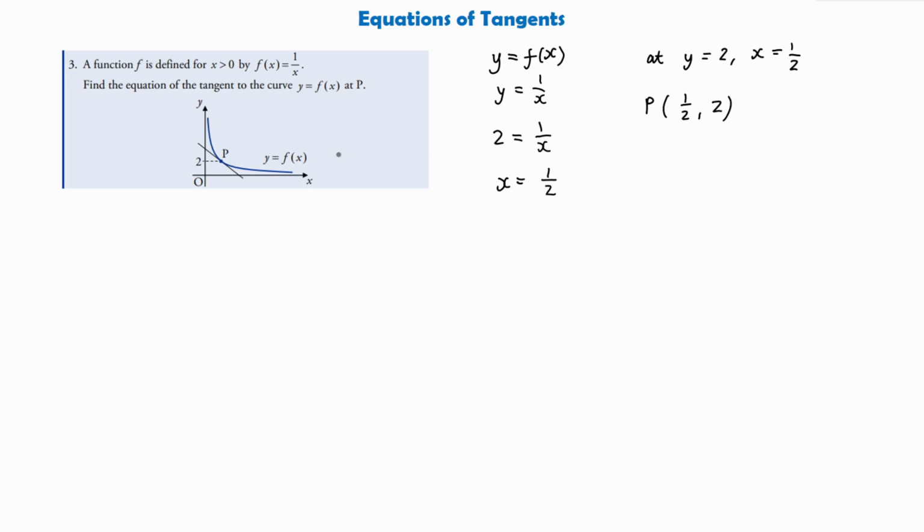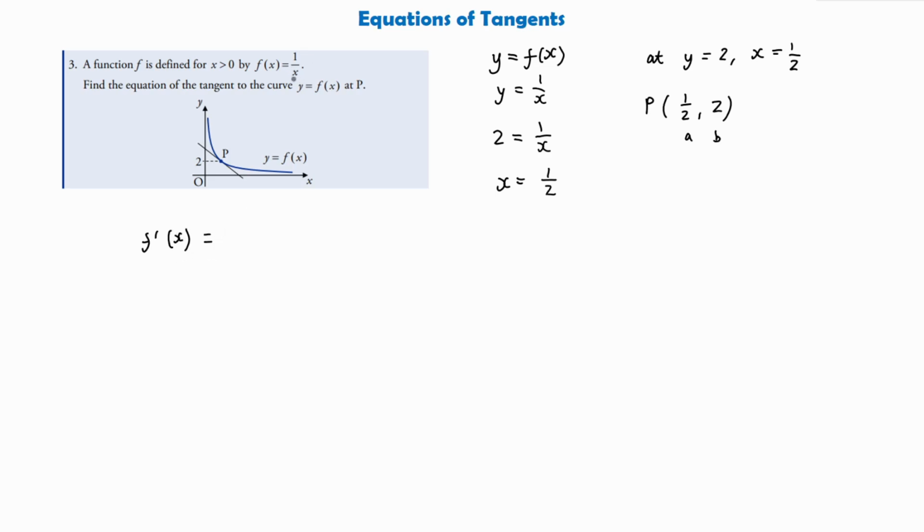And now we have this point P here, which meets the tangent and the curve at the same point. So our x value is going to be 1/2. So this is our A, if you like, in this case. Just going to label it A and B, which will be useful for later. So now we can work out the derivative f dash x.